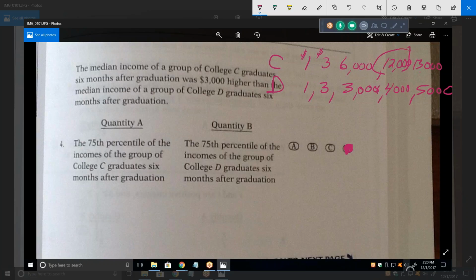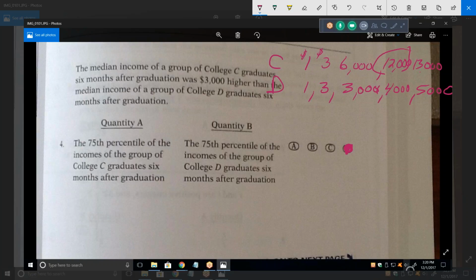Either the group C are going to win, right? Their median income is $3,000 higher. Right, because it can't be equal. So the immediate reaction would be group C is going to have the higher 75th percentile.